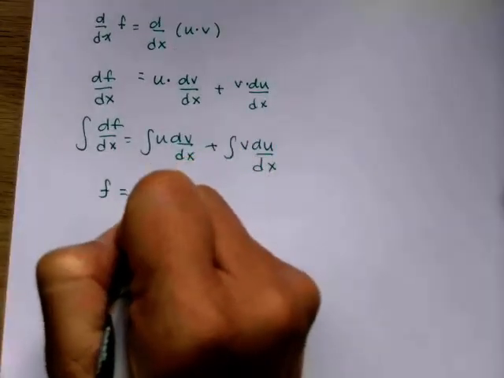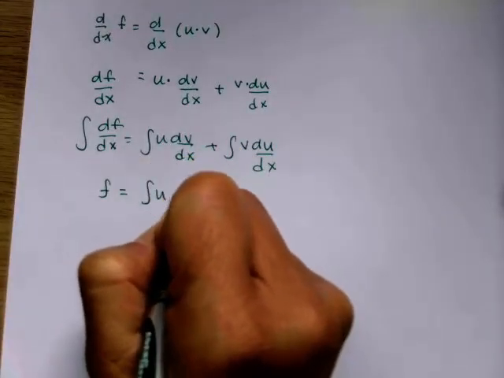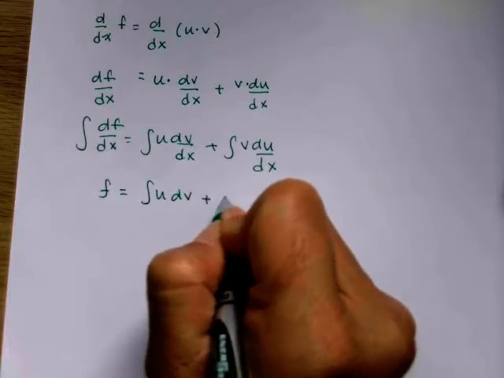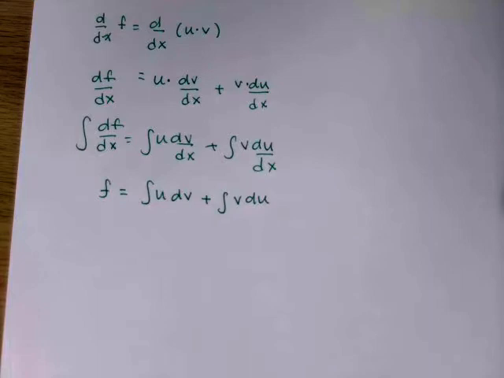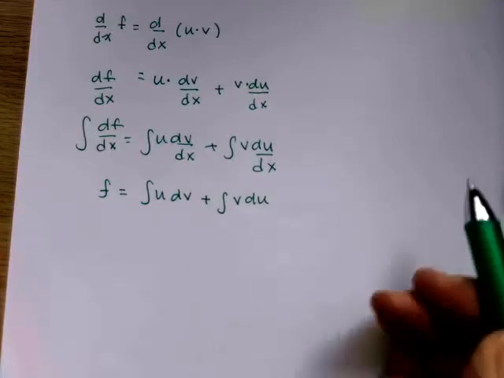So f is equal to the integral of u dv plus the integral of v du. I'm integrating each of those terms with respect to x, so those dx's go away. And you can move either one, it's just convention.